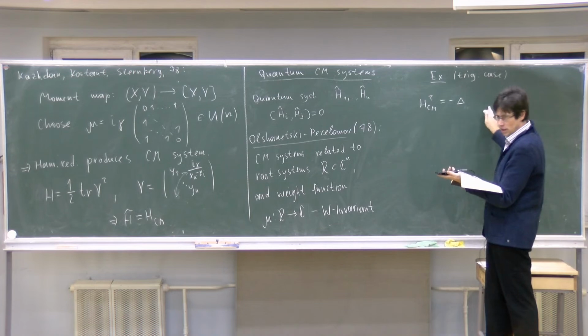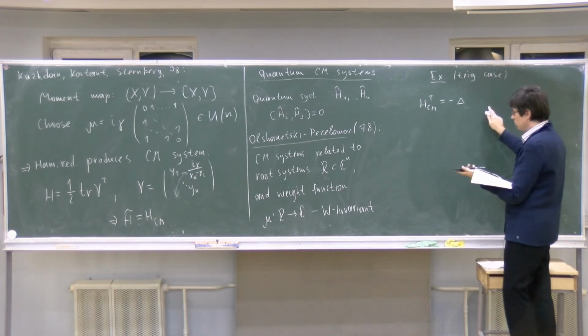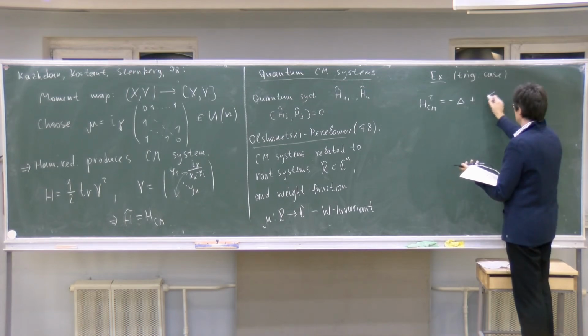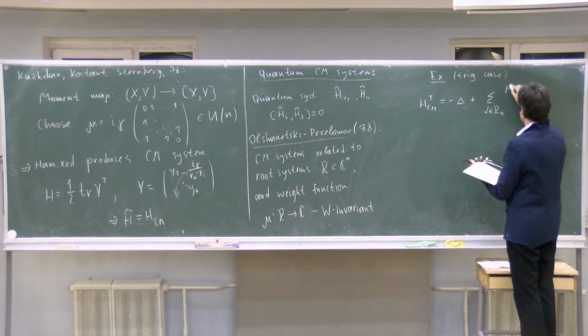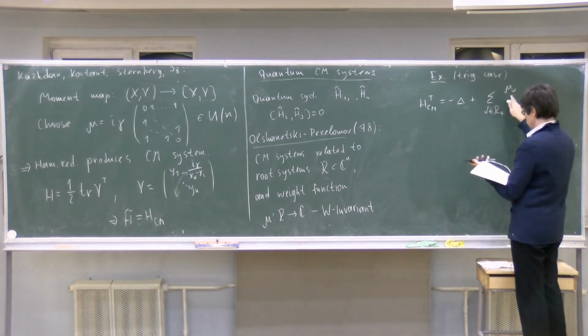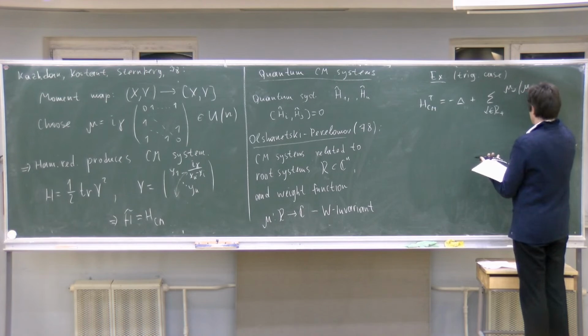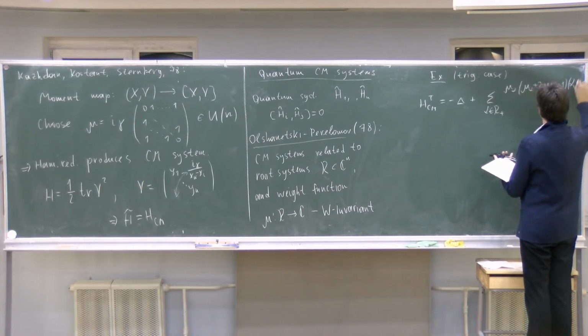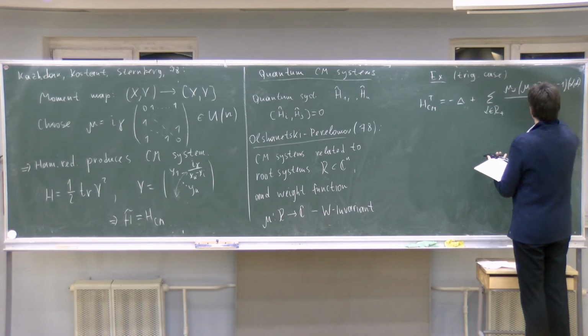I wrote just their example, quantum, plus the sum of mu(alpha) times (mu(alpha) plus 2 mu(alpha/2) minus 1) times the scalar product of alpha with alpha, over sine squared of the scalar product of alpha and x.